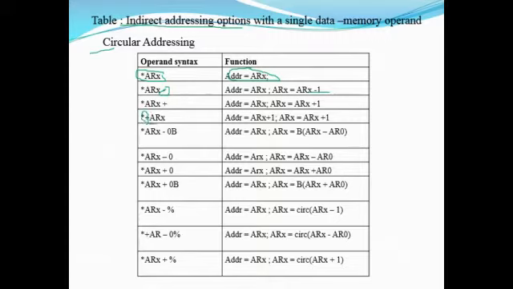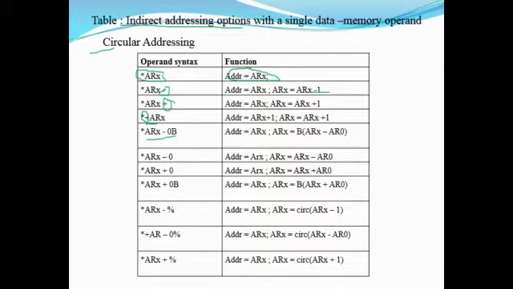So if the plus sign is before the auxiliary register syntax, then the increment operation is done first, followed by the transfer. But whenever I go with the plus after the AR register, then the transfer is done first, then the increment.